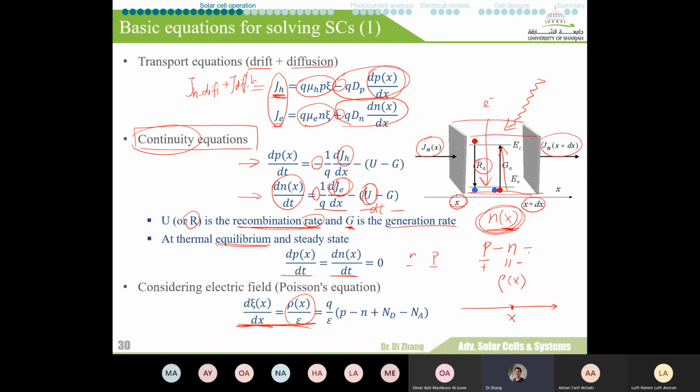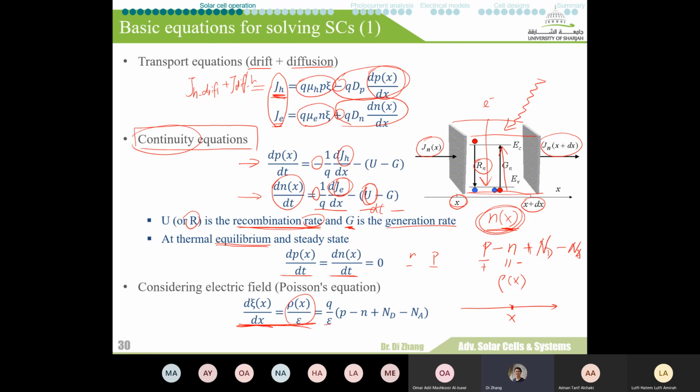And then if you have doping at a certain part, the donor will also provide positive space charge. We also have acceptors. If we have acceptors in this part, then we also have to count the number of acceptors, because they will give negative space charge.